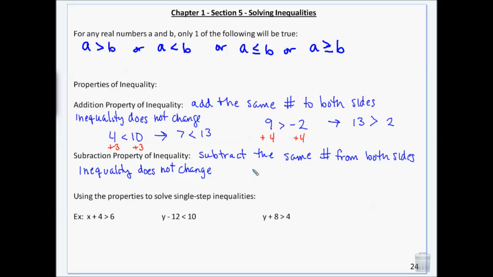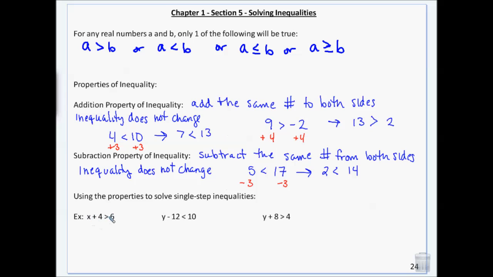Okay, so if 5 is less than 17 and I subtract 3 from both sides, 2 is less than 14. That's still true. And it'll be the same with greater than. We use these two properties of addition and subtraction to solve single-step inequalities.